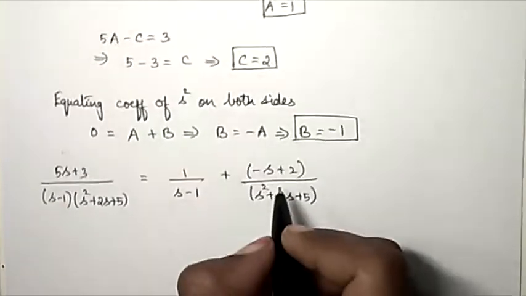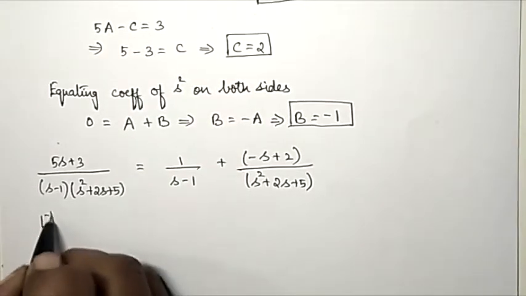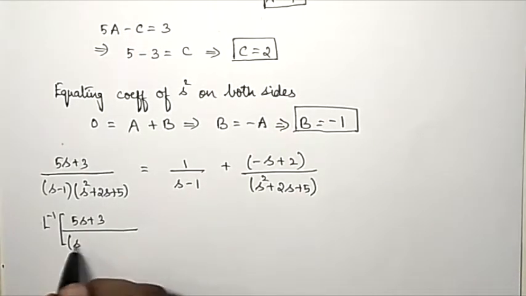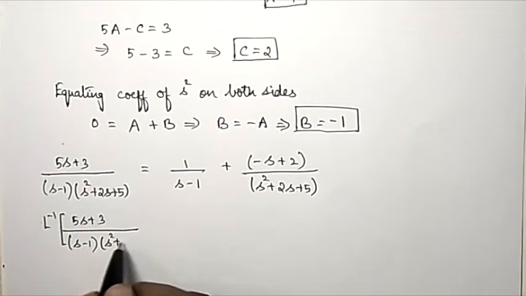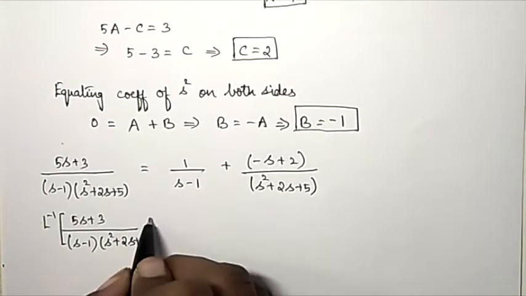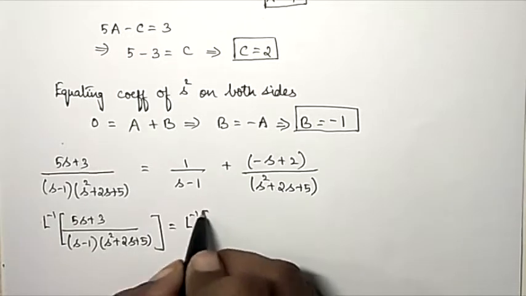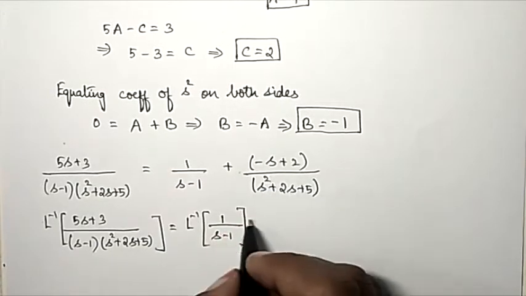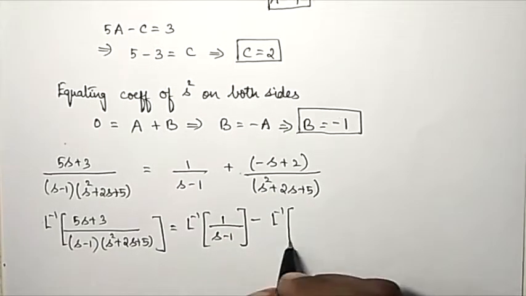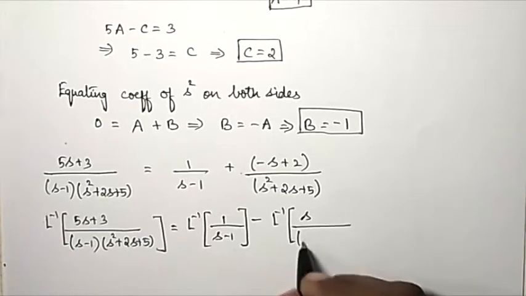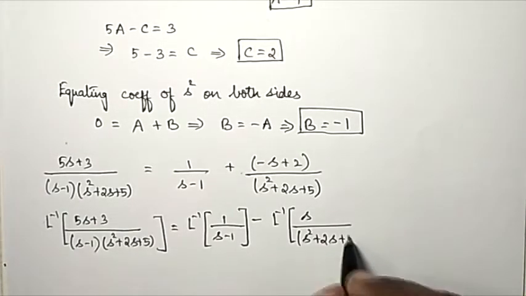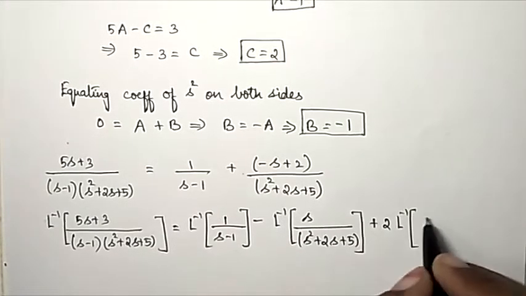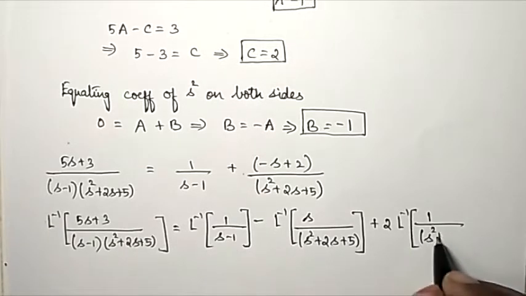Applying inverse Laplace on both sides, we write this as L inverse of (5s plus 3) divided by (s minus 1) into (s square plus 2s plus 5) is equal to inverse Laplace of 1 by (s minus 1). Applying inverse Laplace for the terms individually, minus L inverse of s divided by (s square plus 2s plus 5) plus 2 times L inverse of 1 by (s square plus 2s plus 5).